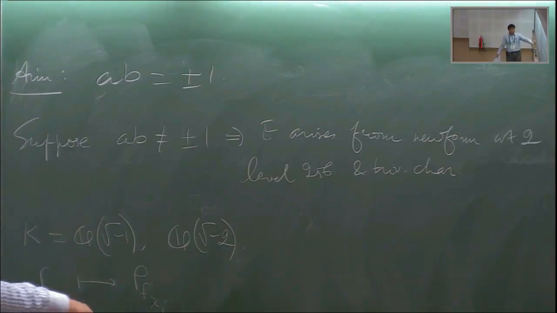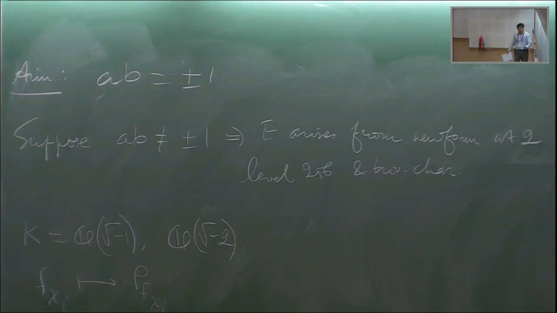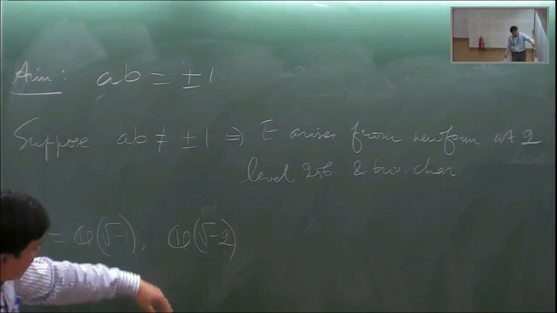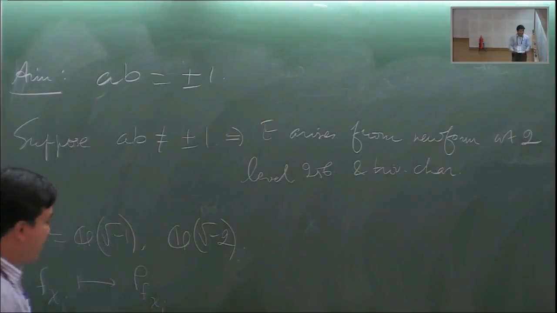The rest will be taken care of by an individual study of this rho f chi i. You have to restrict rho f chi i to every decomposition subgroup and look at the ramification behavior.